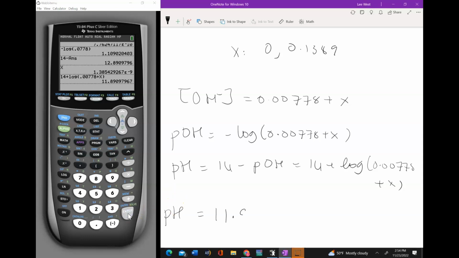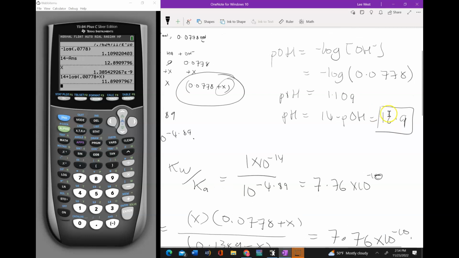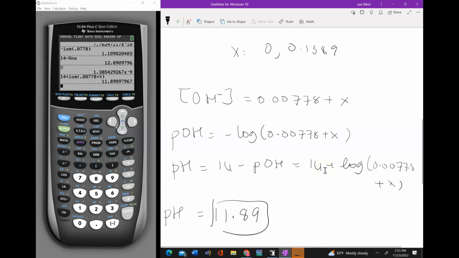Equals 11.89. When we did it before, we got 12.89. What have I done here? Anything wrong? Oh, I picked up an extra 0. There we go. Always worth checking.